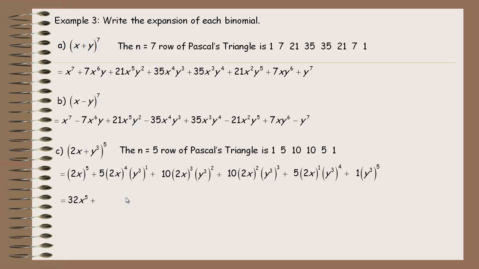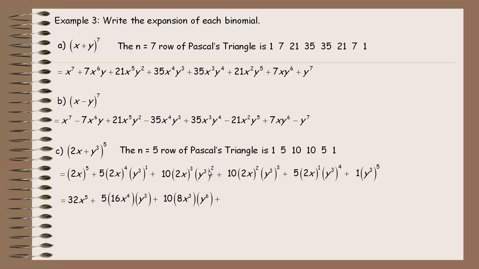Okay, next one. Now what I'll normally do here is do each individual part by itself. So we have 5 here. 2 to the 4th is 16, x to the 4th is x to the 4th, and we have y cubed to the 1st is y cubed. And I'll multiply those in the very last step here. We have a 10 here. 2 cubed is 8. 2 times 2 times 2 is 8. X cubed is x cubed. Y cubed squared.